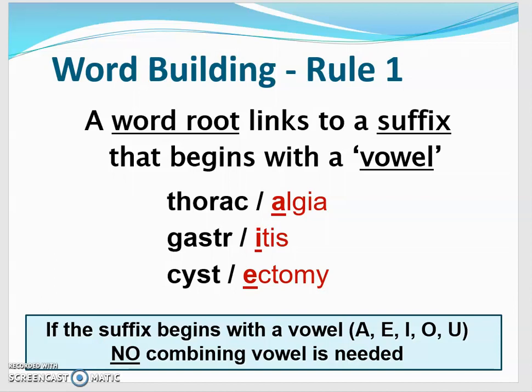Now this blue box at the bottom really describes it more usefully. If a suffix begins with a vowel, A, E, I, O, U, no combining vowel is needed. In other words, if the suffix that you're going to attach to your combining form has brought its own vowel to the party, you throw away that combining vowel and you just simply attach the suffix onto the word root, and that's how you're going to make words with suffixes that begin with a vowel.